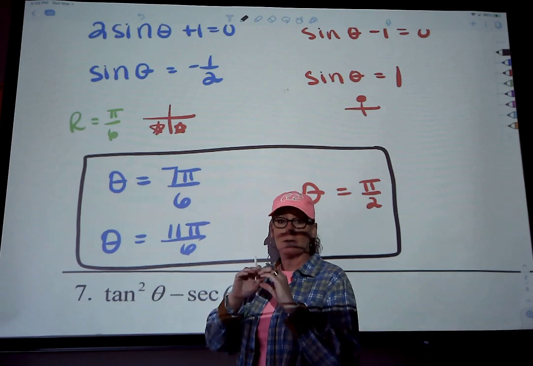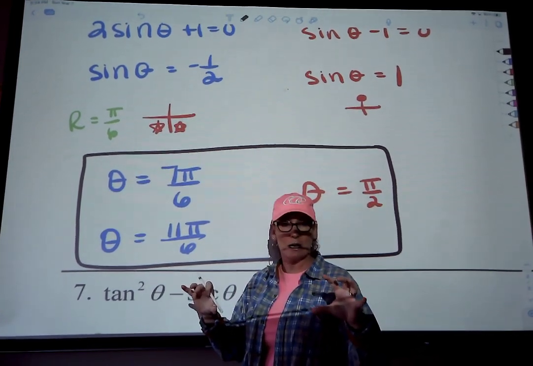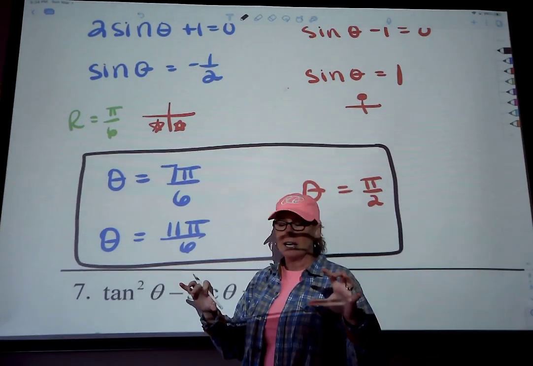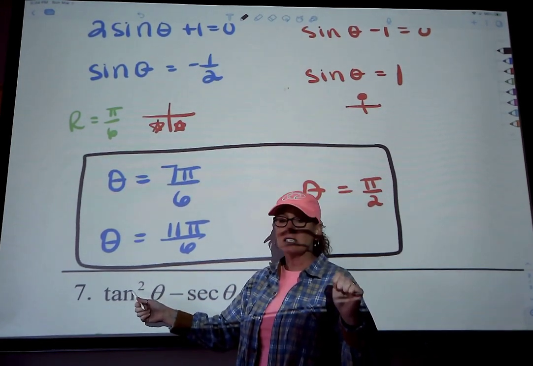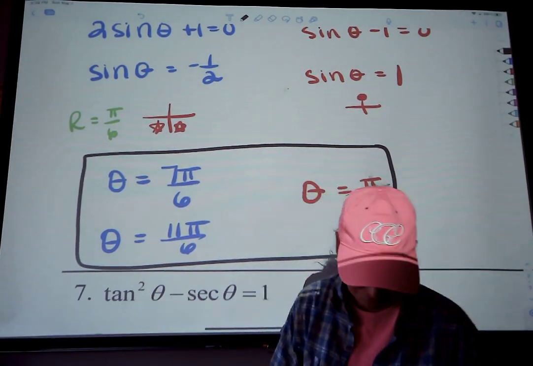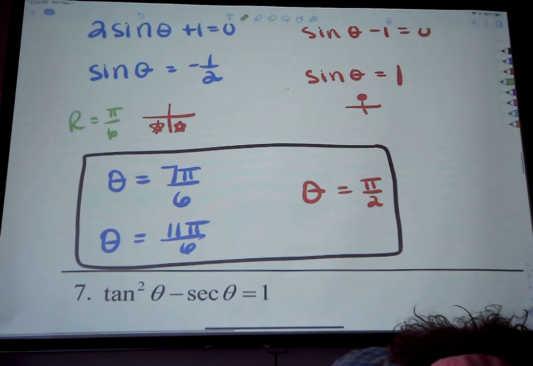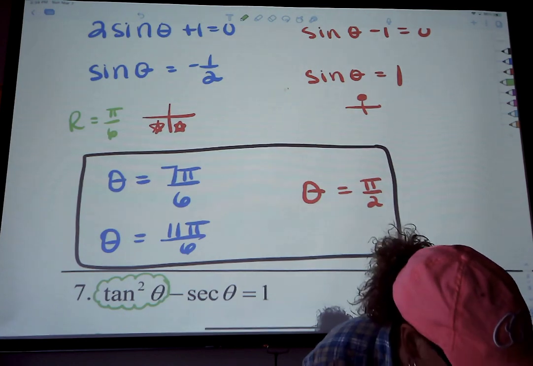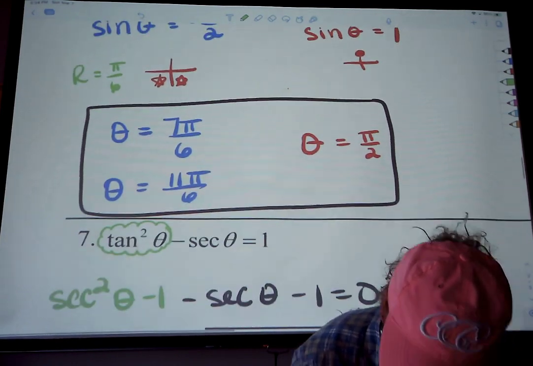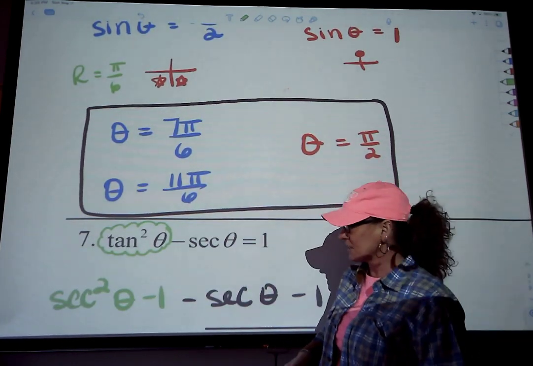And you've got those Pythagorean identities down at the bottom of that paper. And I think the substitution for tangent squared is secant squared plus 1. So this, nope, it was secant squared minus 1. Just kidding.